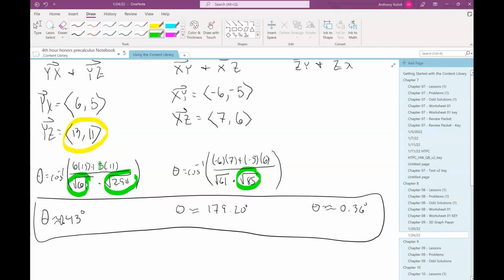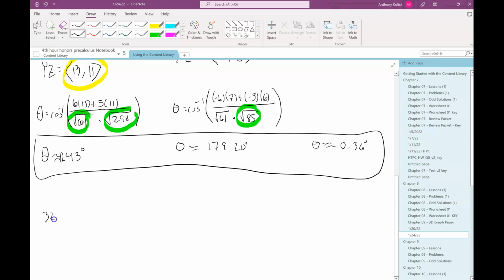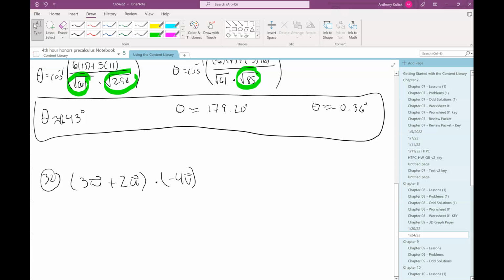32? Sure. All right, so 32 says we got 3W plus 2U dot -4V. Okay, so I'm going to do the scalar multiplications first.